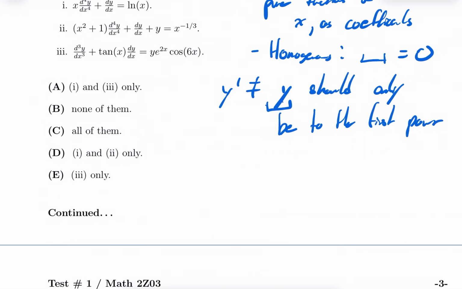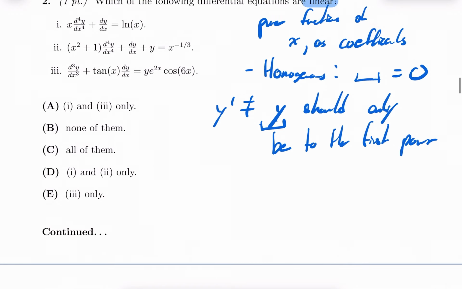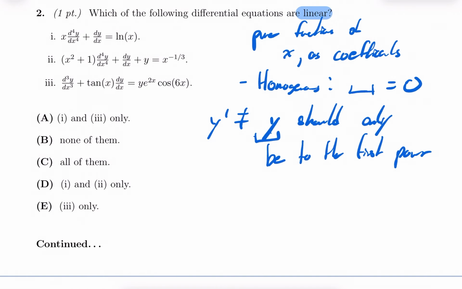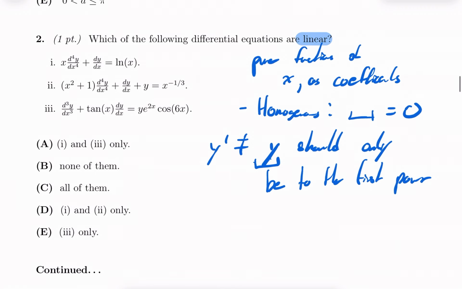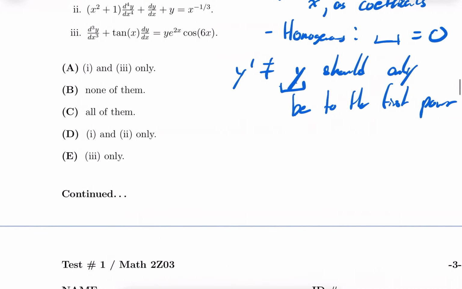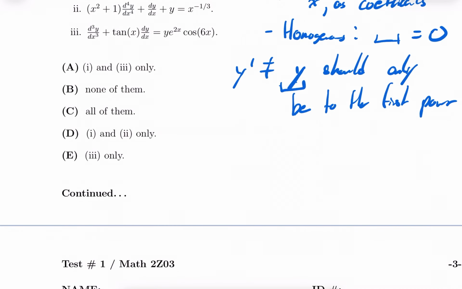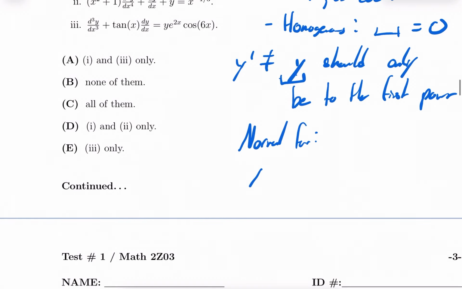Okay? And then further to that, we should also be able to put it in the normal form, that's what they call it, for it to be linear, which is y prime equals f of x times g of y.